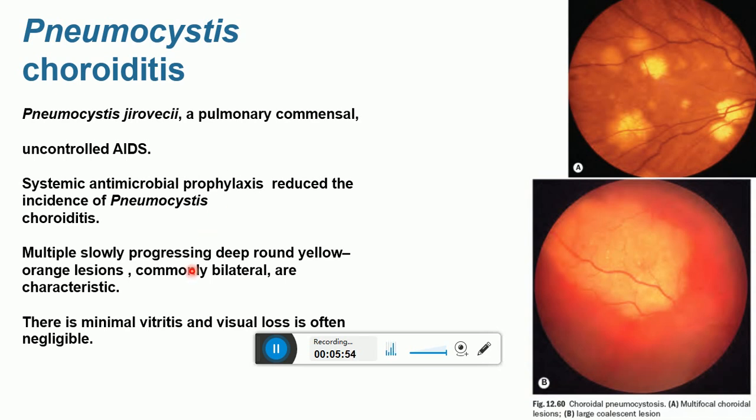Multiple slowly progressive deep round yellow or orange lesions, commonly bilateral, are characteristic. There is minimal vitritis and visual loss is often negligible. This is a large coalescent lesion, and these are multifocal choroidal lesions.